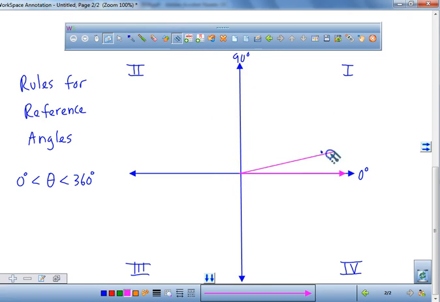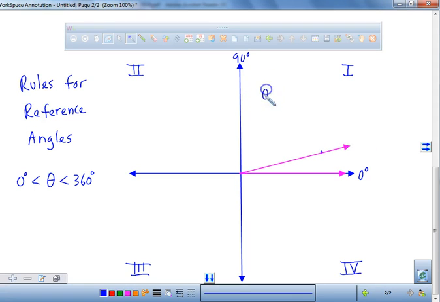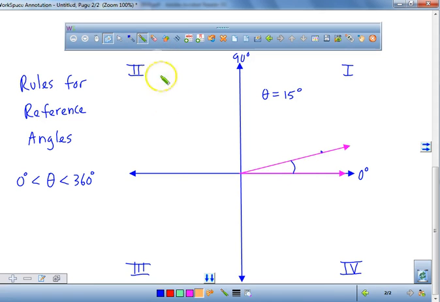So if I made a 15-degree angle, and I said theta was equal to 15 degrees, what's the reference angle? 45? That's a good guess, I see where your thinking is coming from. Honestly, the first quadrant's the easiest.